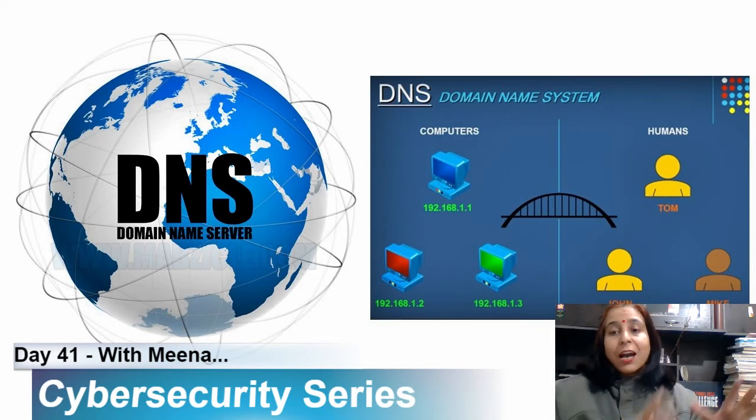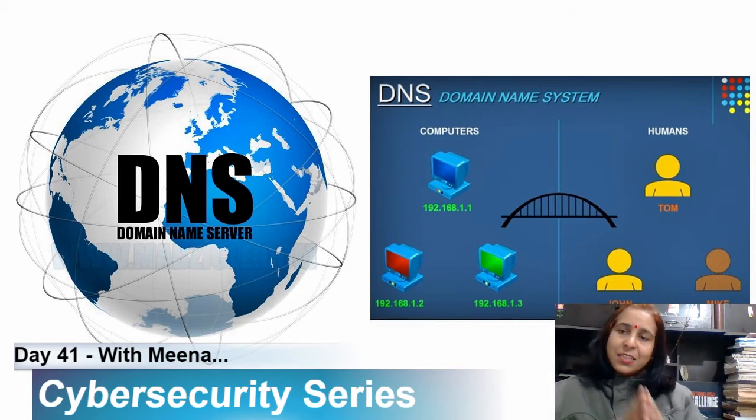Machines communicate with IP addresses, and as humans, we remember the name. So we need a system, a kind of translator, which can translate the IP address into the domain name or the domain name into IP addresses. That's why DNS servers are the cornerstone, or foundation, of the internet.